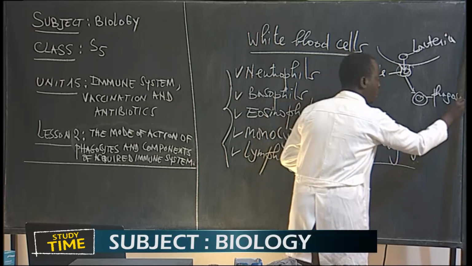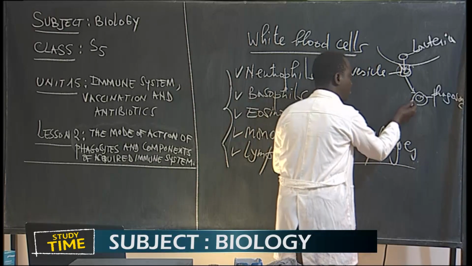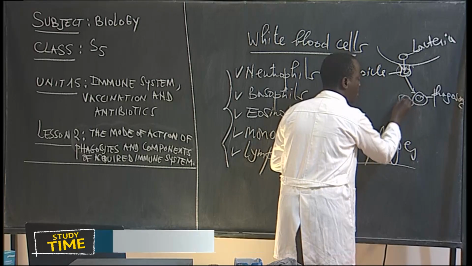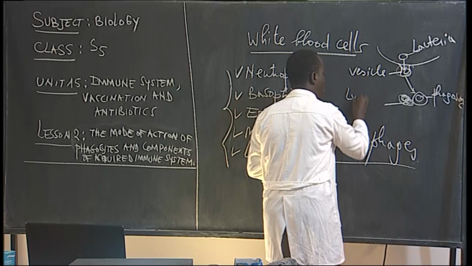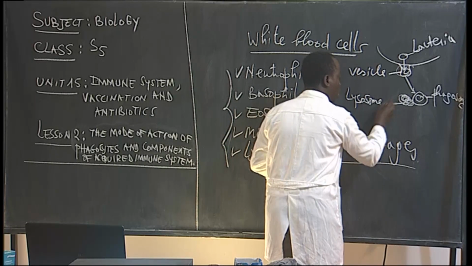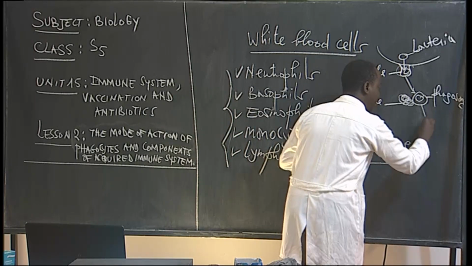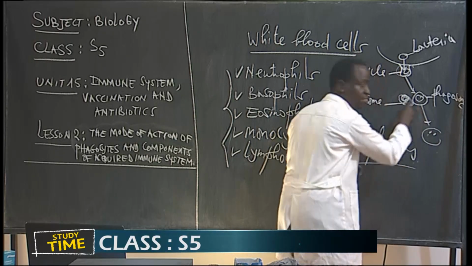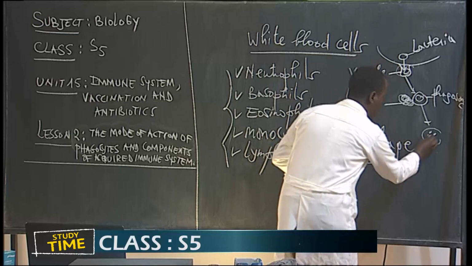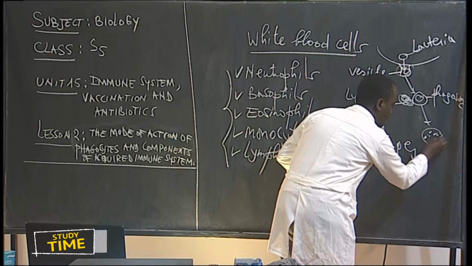And then finally, there are lytic enzymes that come to attach with this one. This one is what you call a lysosome. They contain lytic enzymes. This lytic enzyme, what does it do? It comes just to do what? To break down this bacteria into smaller particles.